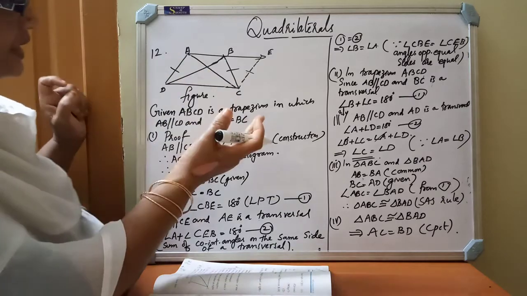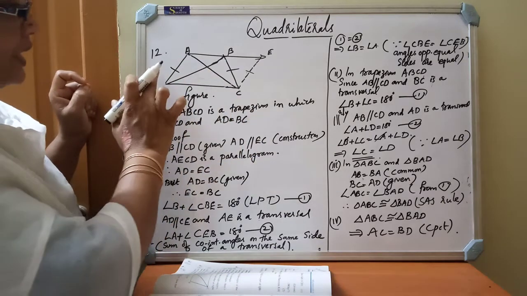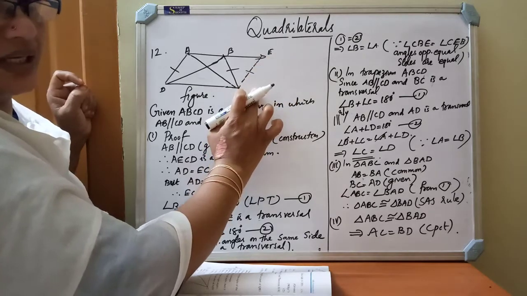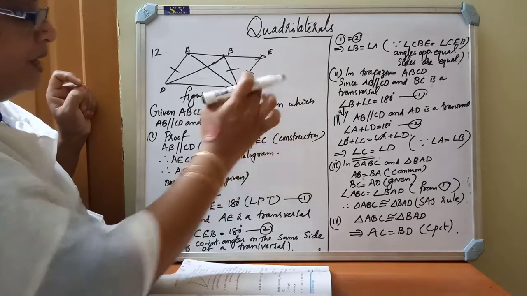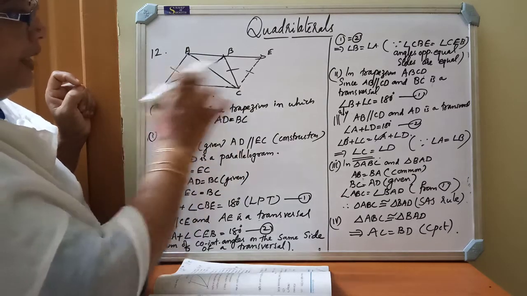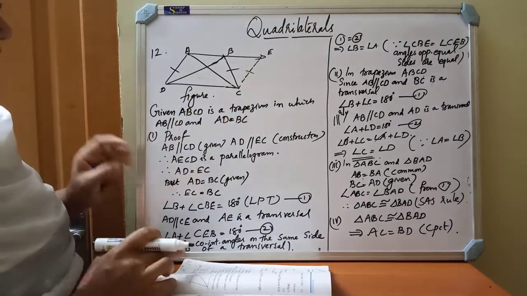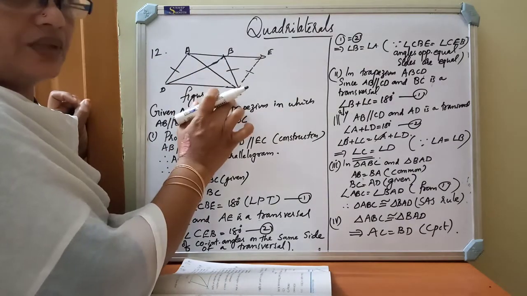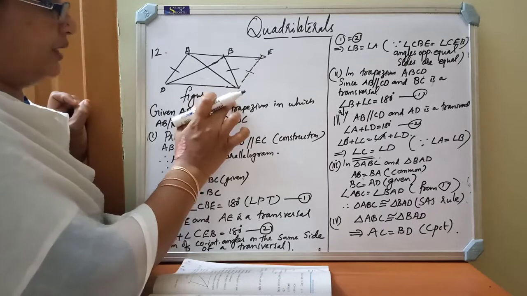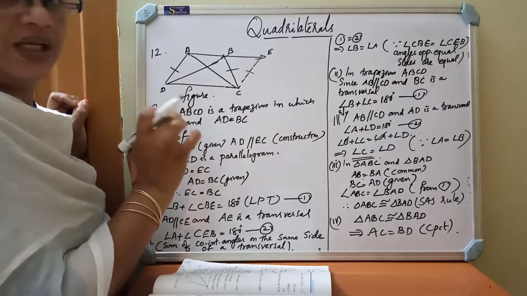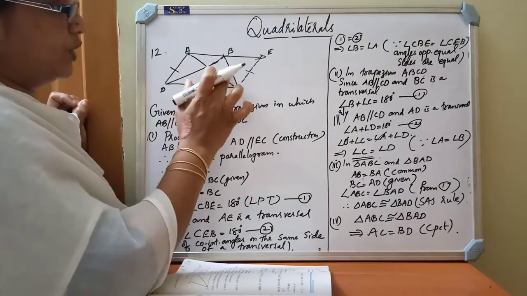Opposite sides are parallel and equal, so AECD is a parallelogram. So AECD is a parallelogram means automatically AD equal to what will come, children? EC, opposite side, because it is a parallelogram. But already it is given that AD equal to BC.